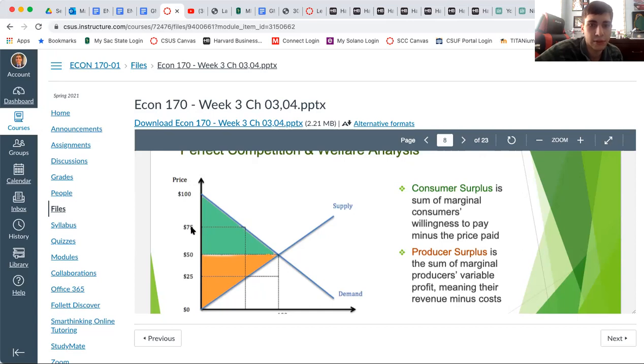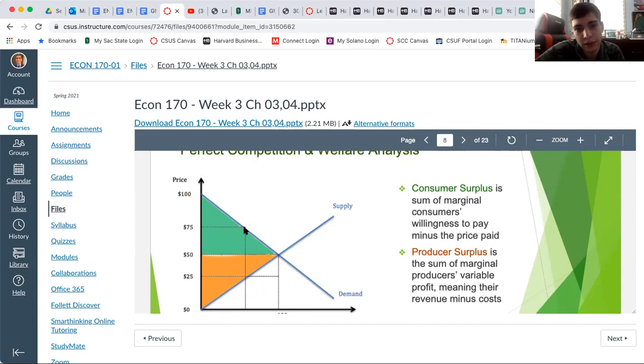The consumer is only willing to pay at most $75, right? At most. Whereas the producer, it appears, is going to be losing out on about $25 because it probably costs them $100 to make.